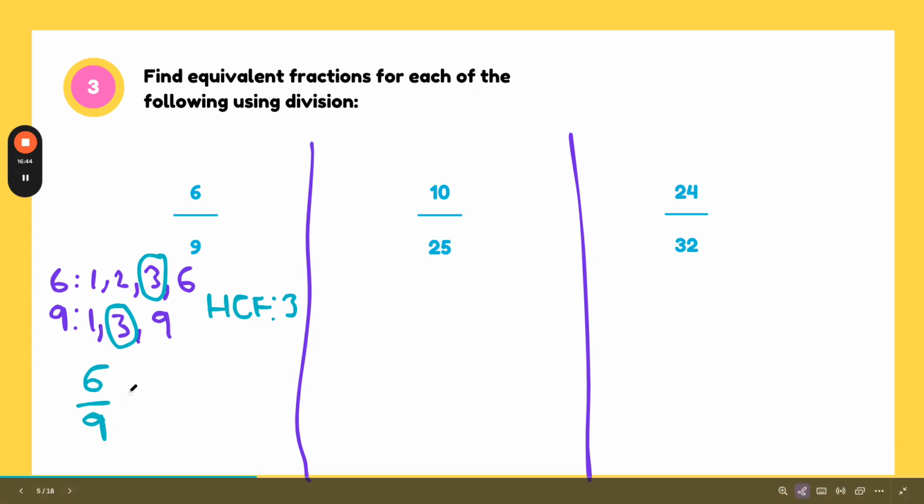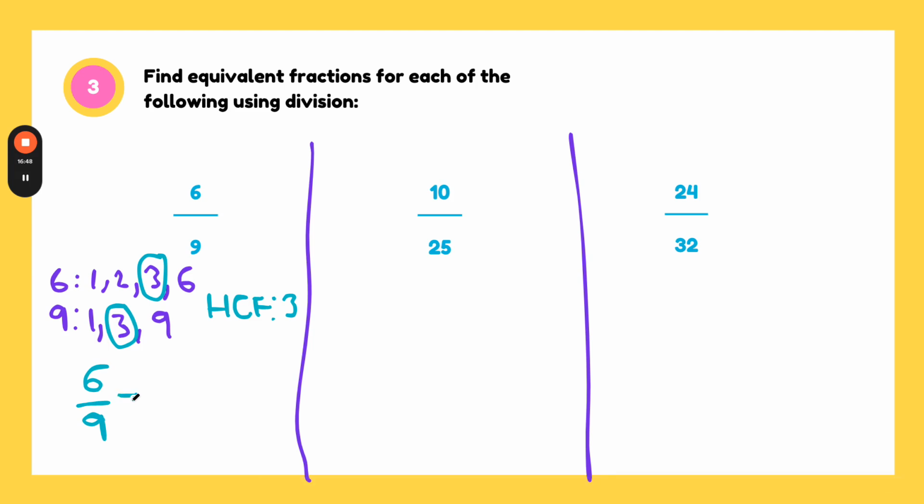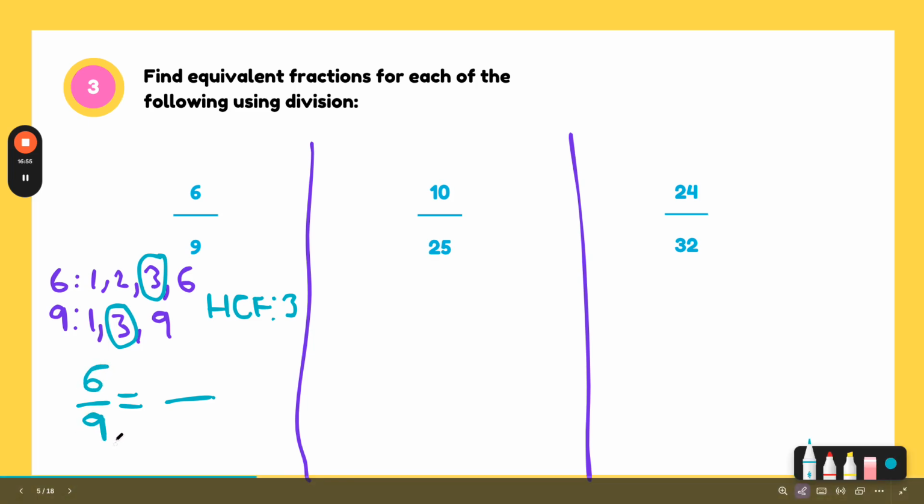6/9, and because our highest common factor is 3, we divide both numerator and denominator by 3, which is our highest common factor.